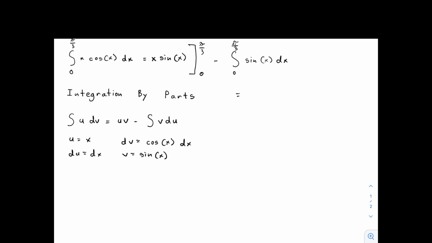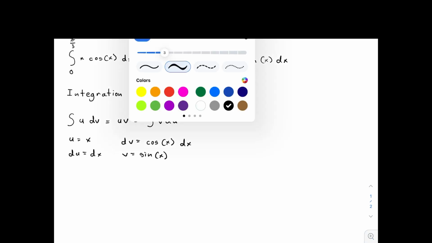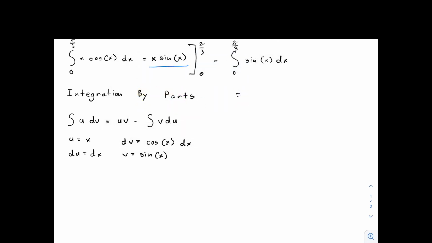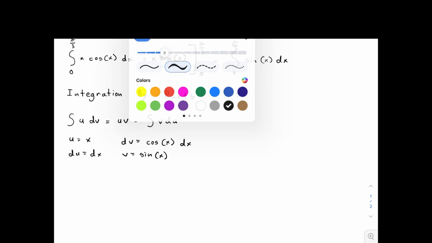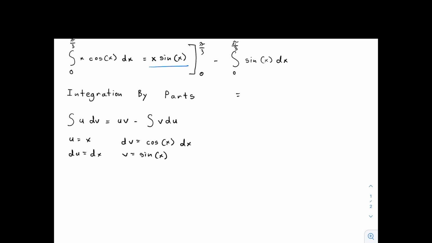So evaluating this expression at a value of pi over 3, the sine of pi over 3 is square root 3 over 2, and our x value is pi over 3, meaning that what we get is pi over 3 times the square root of 3 over 2.